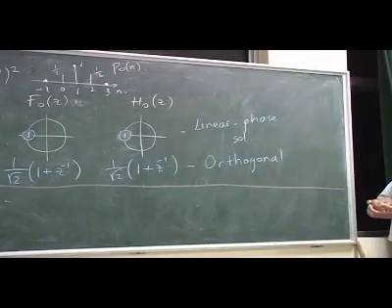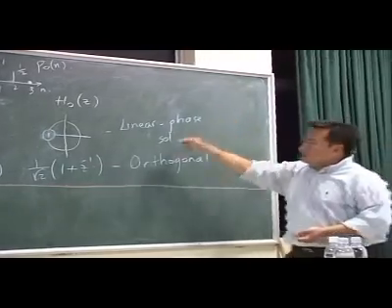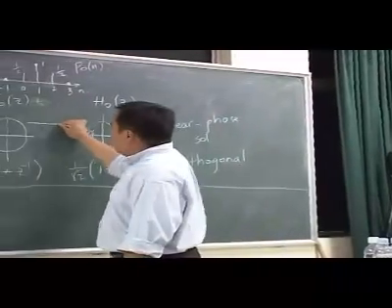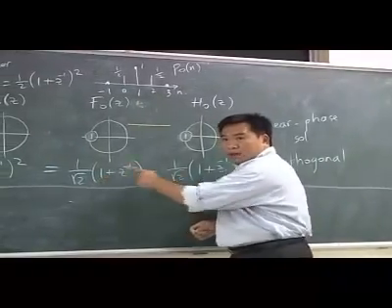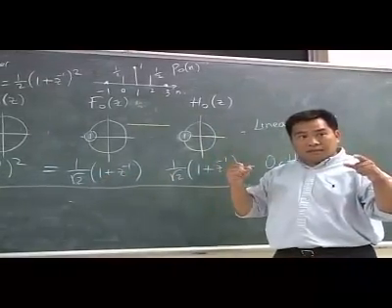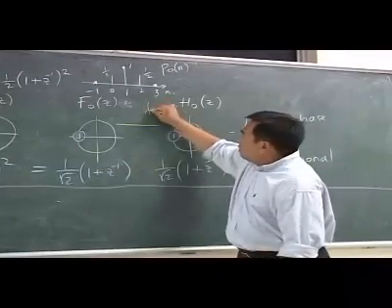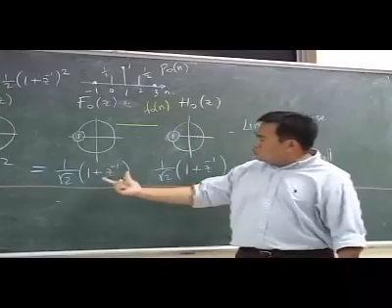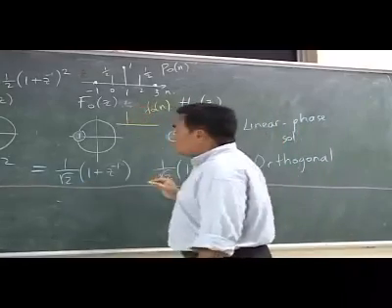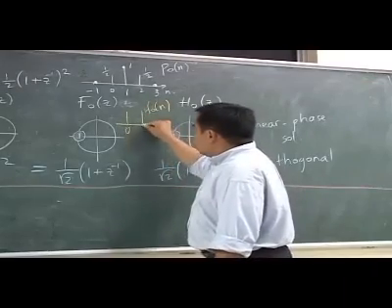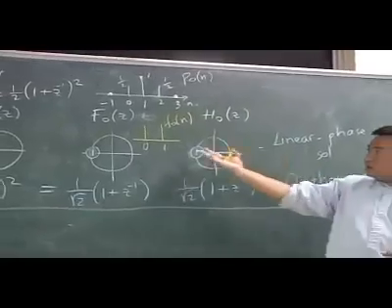So we know how to recognize linear phase. It's very easy, right? For linear phase, you look to see whether the impulse response has a center of symmetry or not. So if I plot the impulse response f naught of n, you see that there are two exactly the same values, right? So we have 1 over the square root of 2 at 0, and the same value at 1. So from here, I can see linear phase.